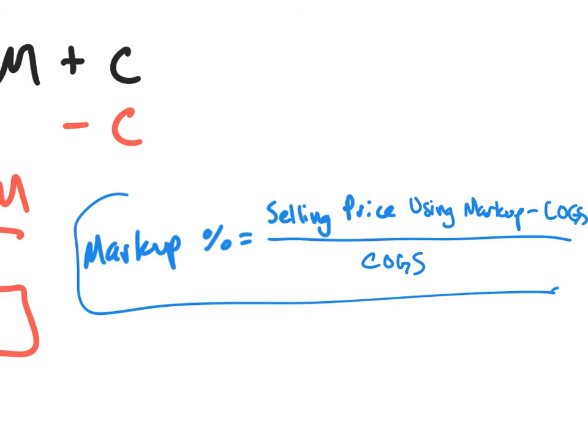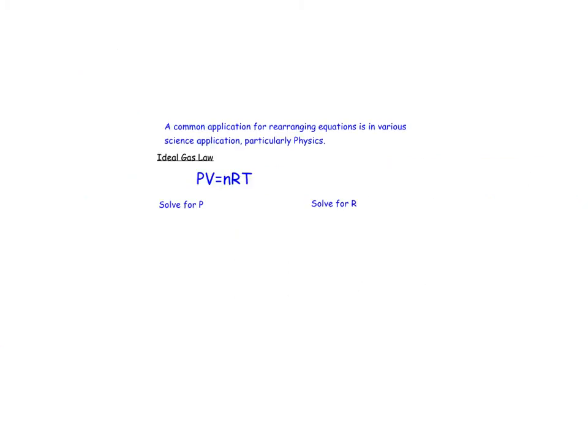So, like I said, not a whole lot different than what we're used to with the other equations we were doing in yesterday's lesson. We're just putting some words in real-world context to it. Another common application for rearranging equations is in various science applications, particularly physics.